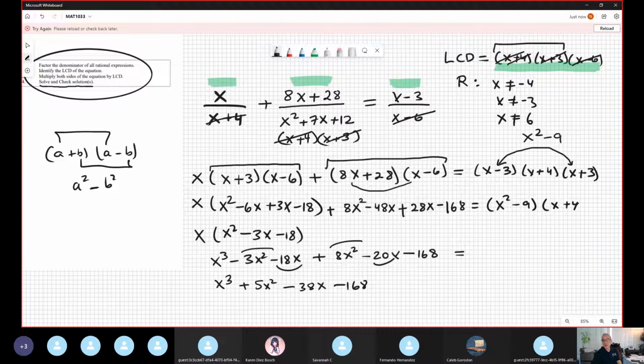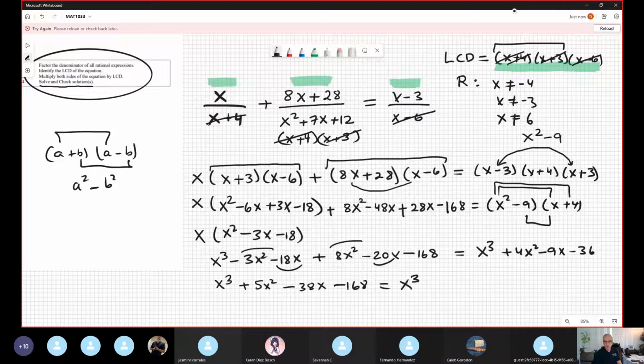And now I am ready to apply FOIL. Multiplication, x cubed plus 4x squared minus 9x minus 36. So far, this is the equation that we have.